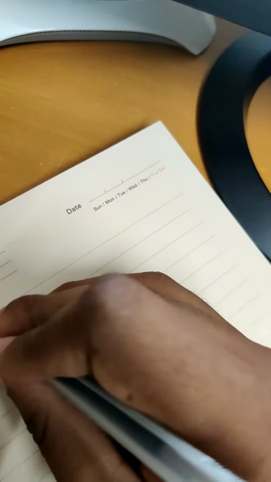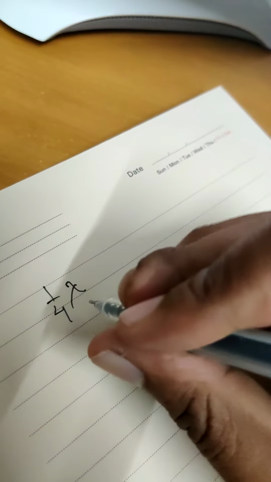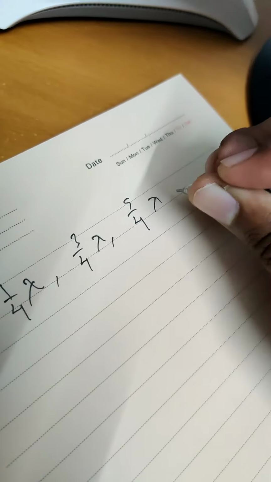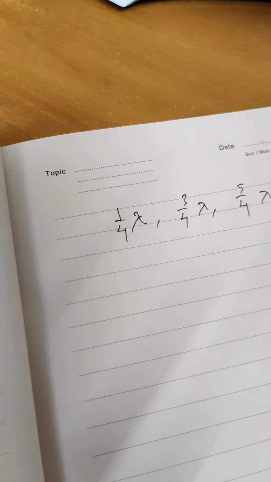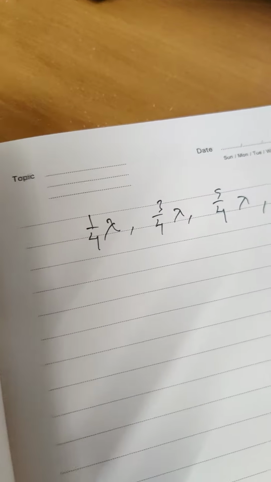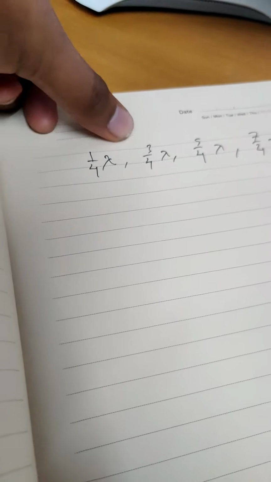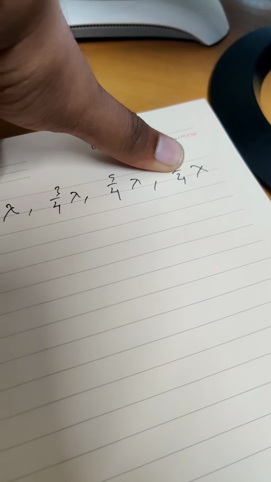It always happens at these wavelengths: 1/4 lambda, 3/4 lambda, 5/4 lambda, 7/4 lambda, like that. They always happen at 1/4, 3/4, 5/4 or 7/4 lambda. Okay? So first it happens at 1/4, then at 3/4, then at 5/4, then at 7/4 lambda, right?